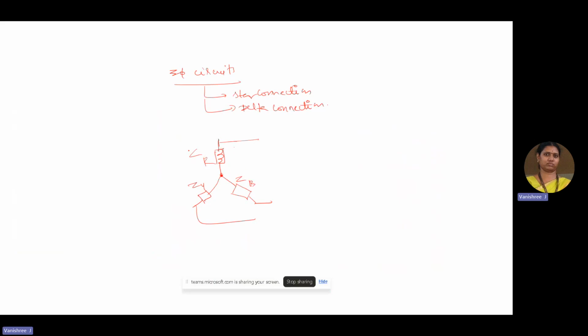So if you look at this point at which all the three phases are connected, it is said to be the neutral point. And this is the star type of load. Coming to the delta, it is in such a way that we will be having a triangular like structure for a delta load.